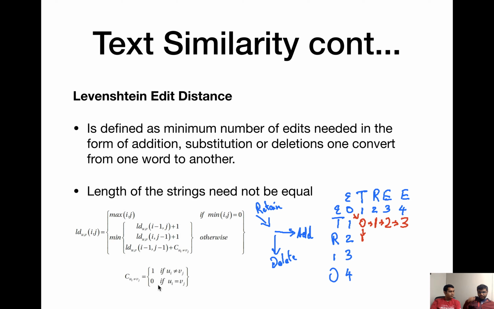If you delete a letter from TR, you will get a T. That's the rationale behind it. Now we have a 0, 1, 1, and both these are same, so you don't add. So the minimum is 0. And so you keep going.